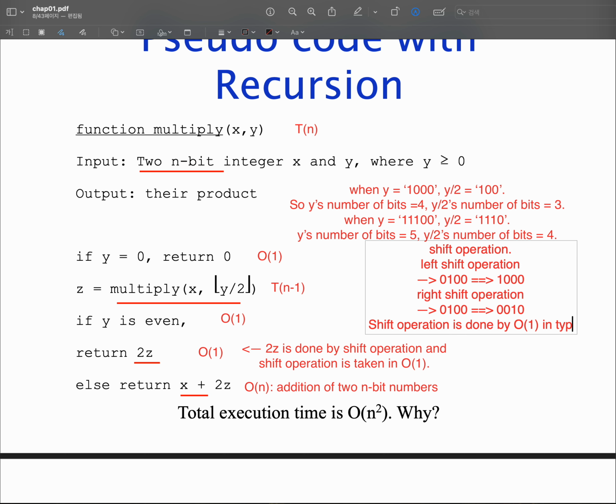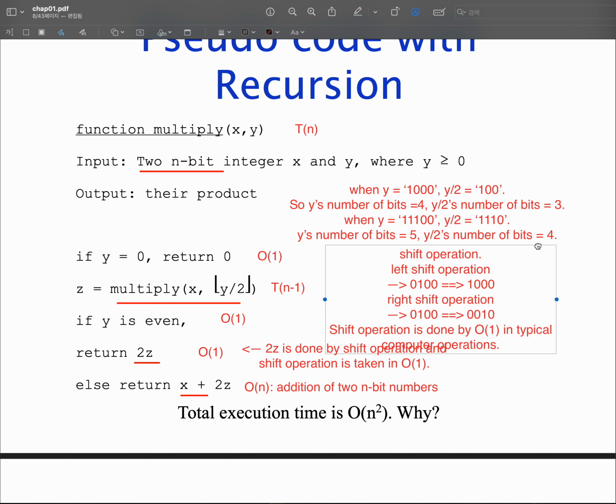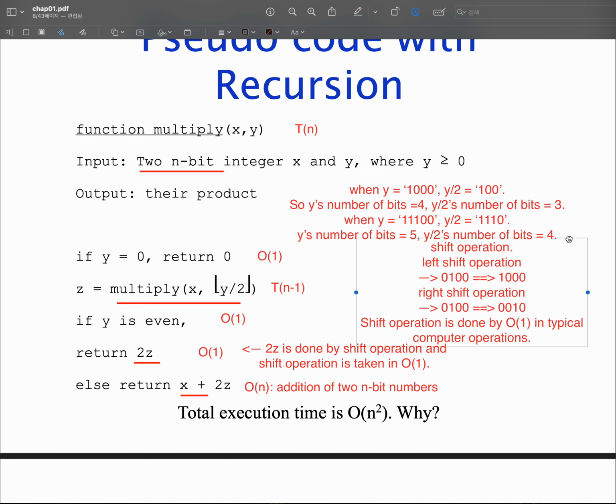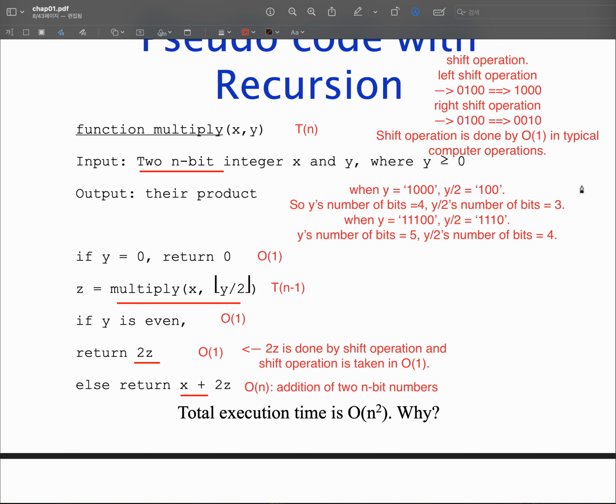In a typical computer operation. Okay, here is the shift operation. So 2 times y, okay, doubling of a certain number can be done with shift operation. This is done by left shift operation.